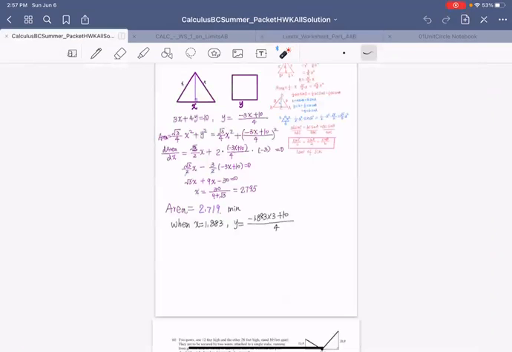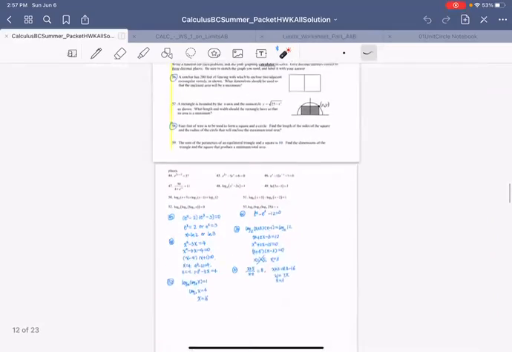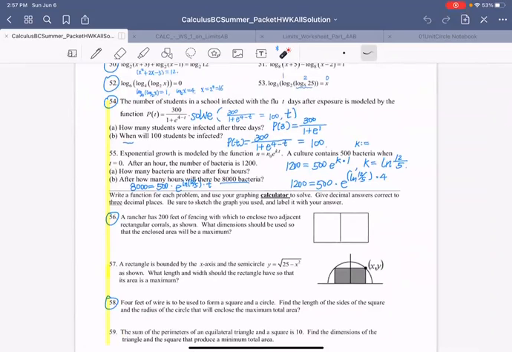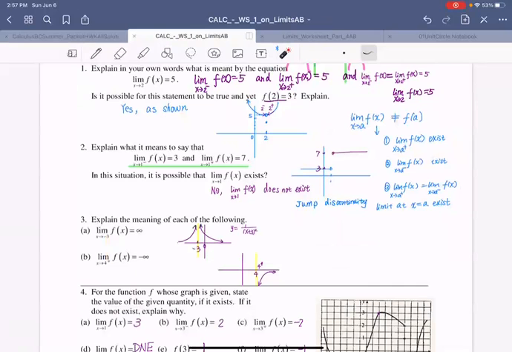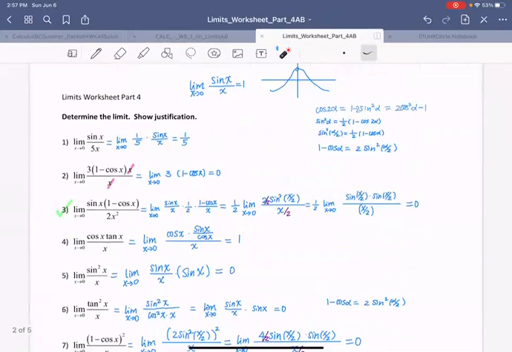The first thing, we went through the summer packets very quickly. When I upload this, make sure you finish every single question. I have attached all my solutions there. Make sure you redo it by yourself. And for this worksheet, we spent a long time drilling the limit calculations.